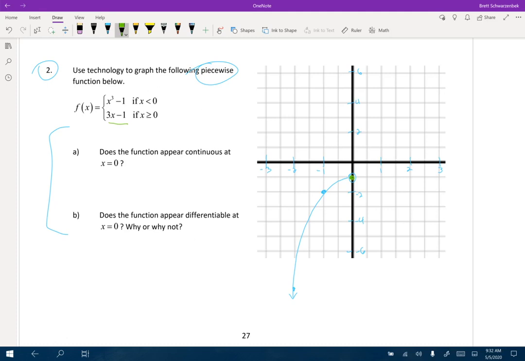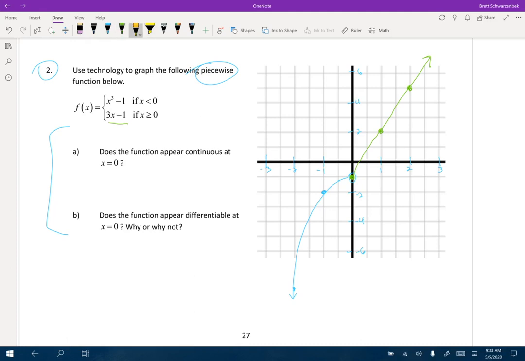If we do 1 into the graph, we get 1, 2. If we do 2, we get 6 minus 1, which is 5, so we're going to get 2, 5, which is there. And we know that this is going to be a line, so we do that. Okay, so this is essentially our piecewise function.